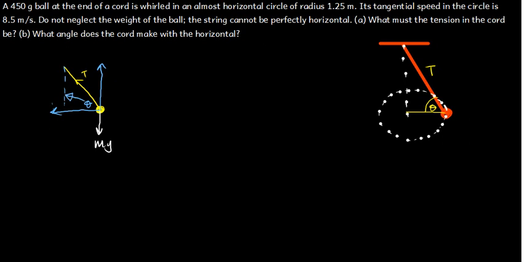Because these two are parallel, they are going to be equal in magnitude. From our trigonometry, we know that sin theta is equal to opposite, the y component, over the hypotenuse, which is the tension. So the y component is going to be equal to tension sin theta.